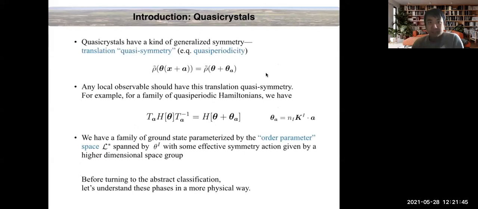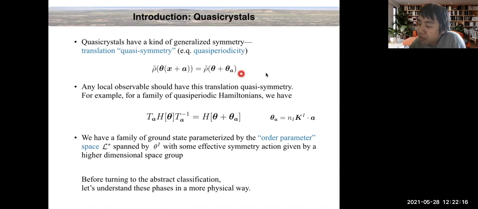From this, there's a very important property of quasicrystals. Quasicrystals have a kind of generalized symmetry, which I will call translation quasi-symmetry, usually called quasi-periodicity in the literature. If you look at the density operator and shift the coordinates, it is equivalent to a translation in a parameter space.